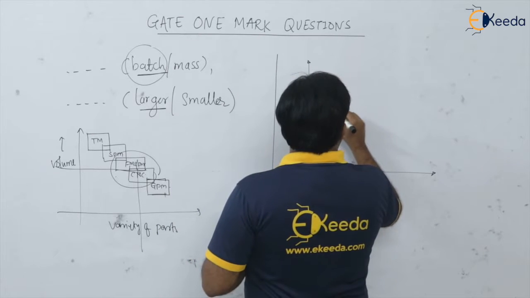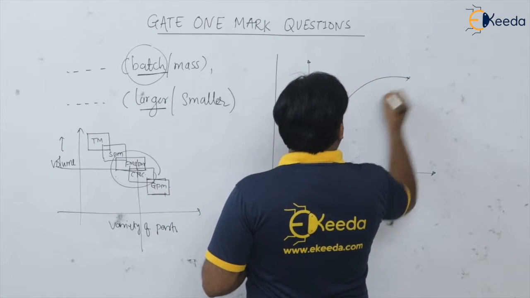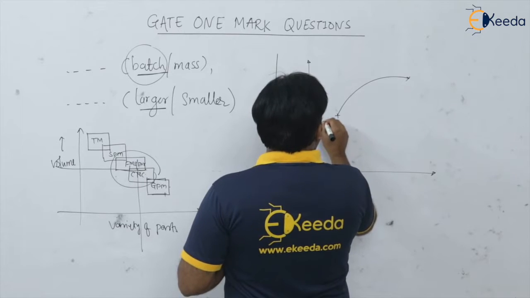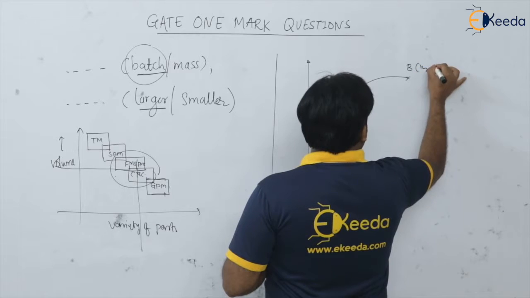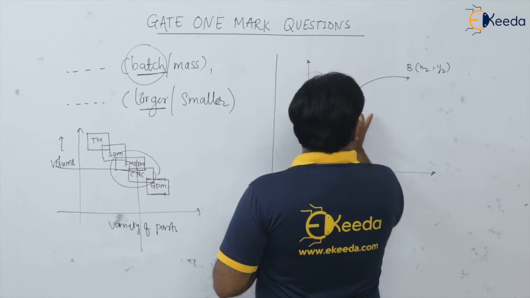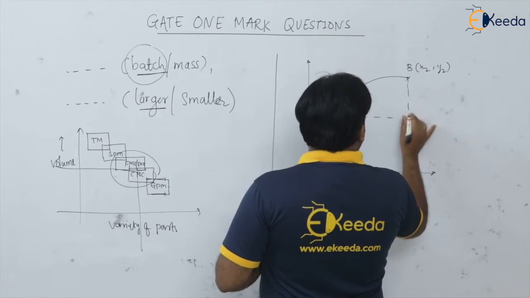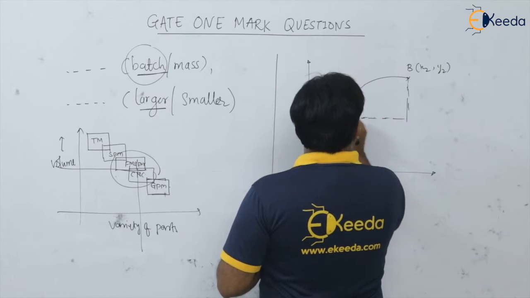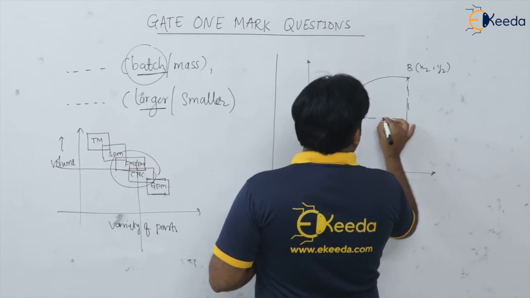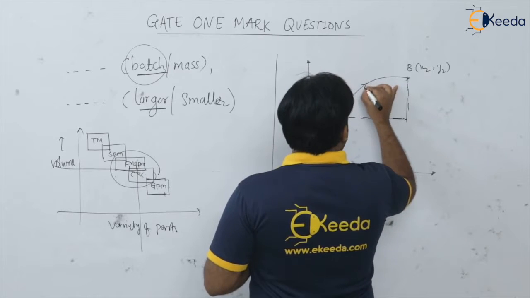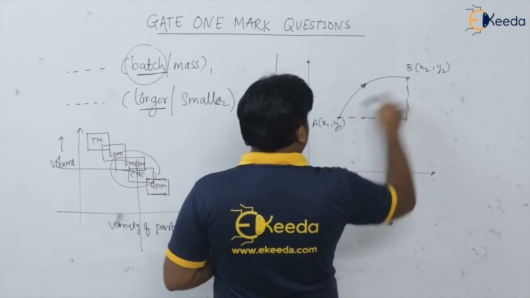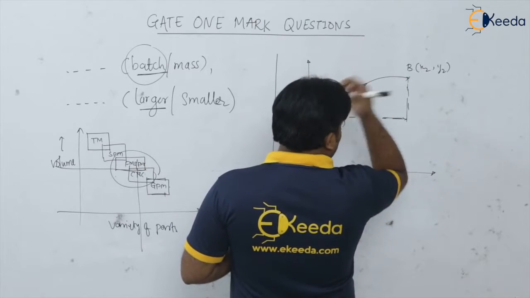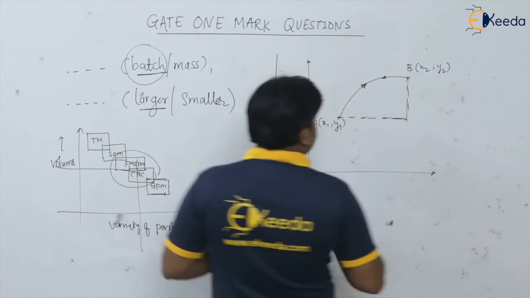Say point A here and point B is here. So x1, y1, these are the coordinates for point A, x2 and y2 for point B. And of course, we are having the radius here. Okay, like this. I am showing here the movement of this arc from point A to B. I can also show this arc from B to A, isn't it?